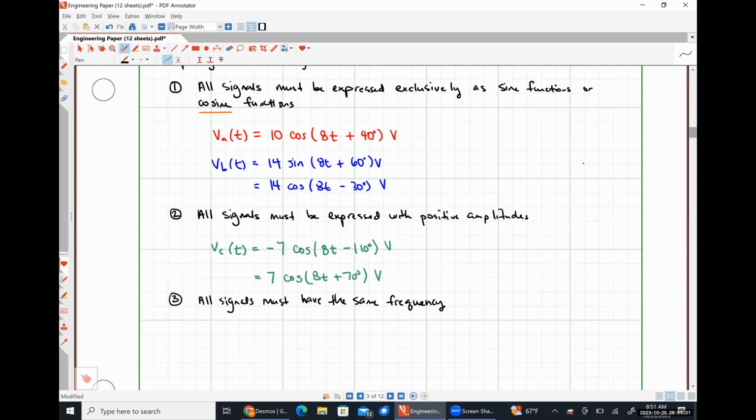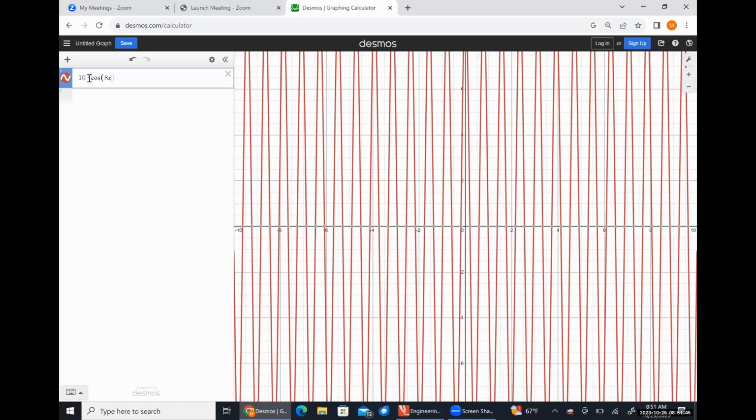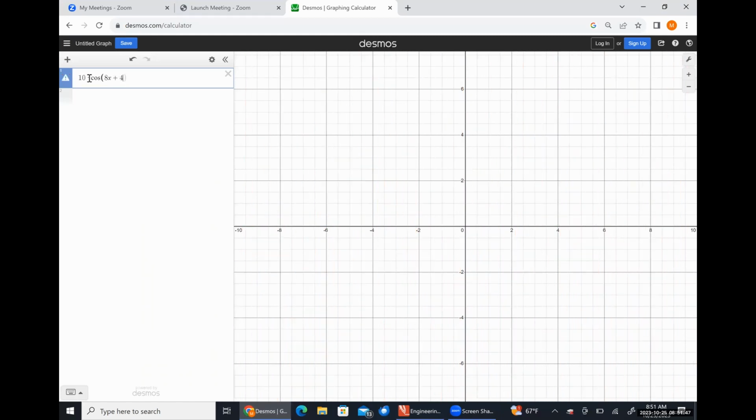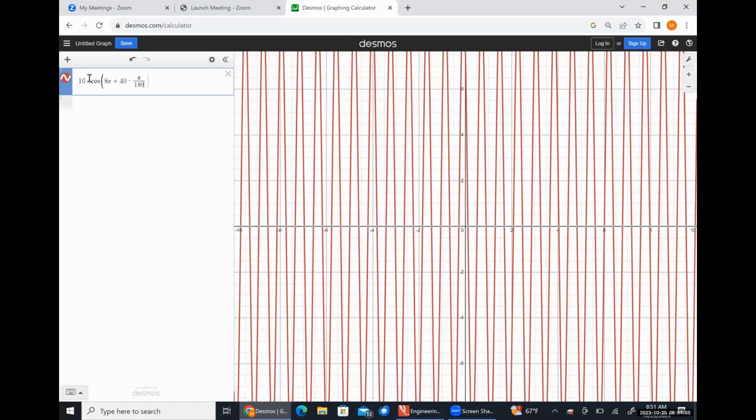So VA was in red and it was 10 cosine 8t plus 40 degrees. So 10 times cosine of 8x plus 40 degrees. I'm going to multiply this 40 degrees by pi over 180 so that my total angle is measured in radians, right?